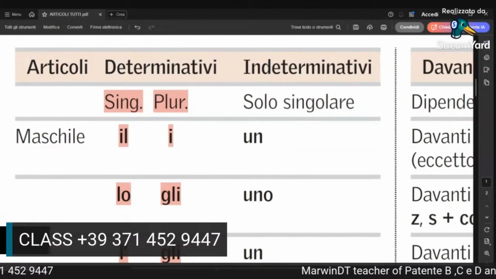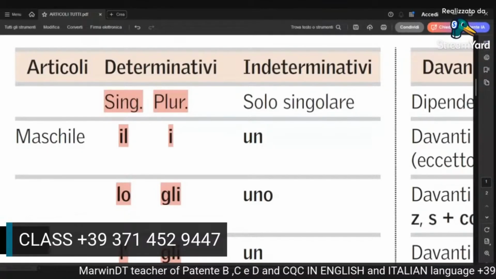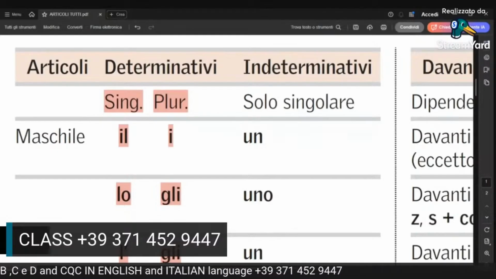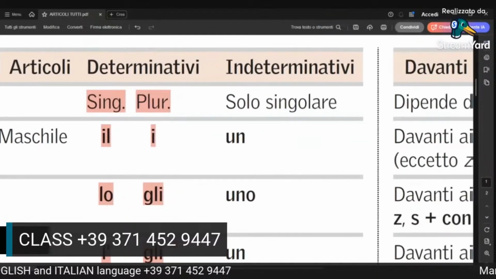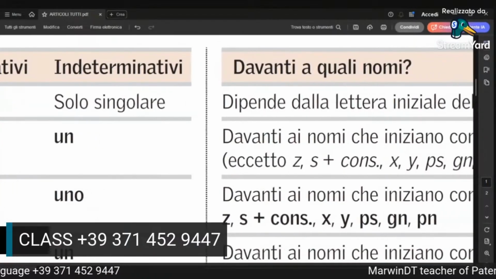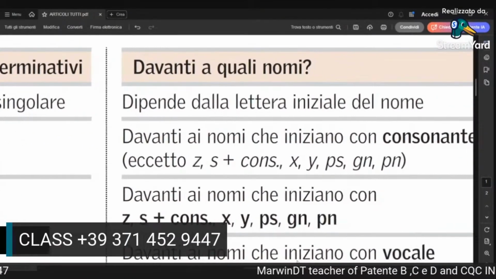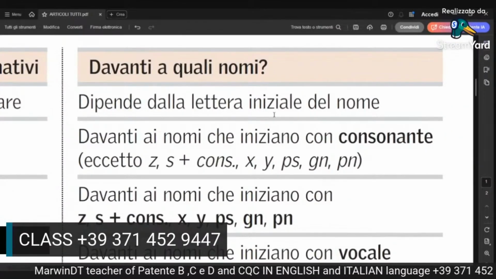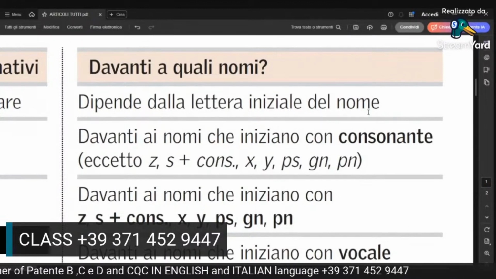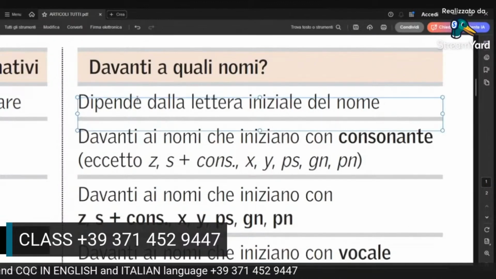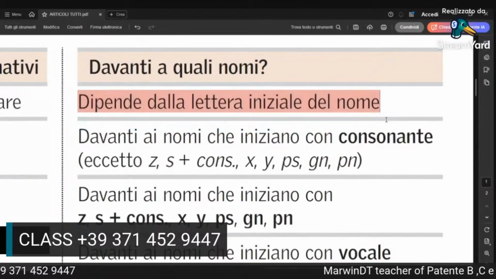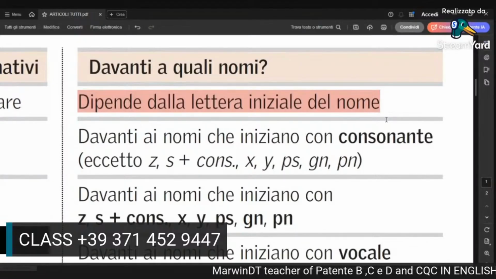Now, it becomes un for the indeterminativi singular, and the determinativi singular becomes il, and the plural is i when we have, this is the explanation why, dipende dalla lettera iniziale del nome, meaning it depends on the beginning or the first letter of the name, which is the consonant.